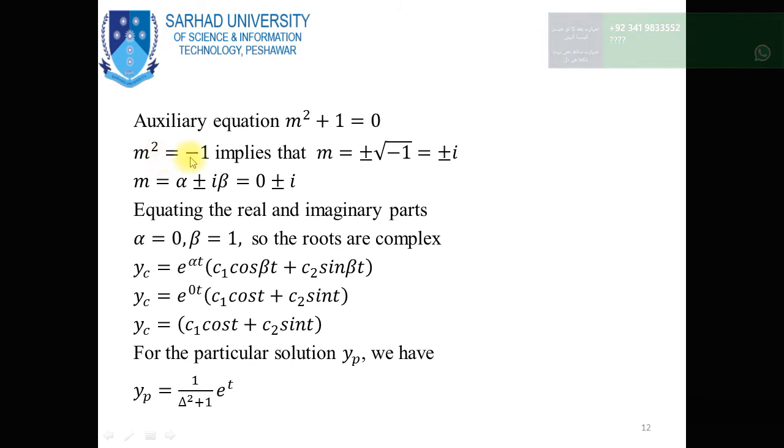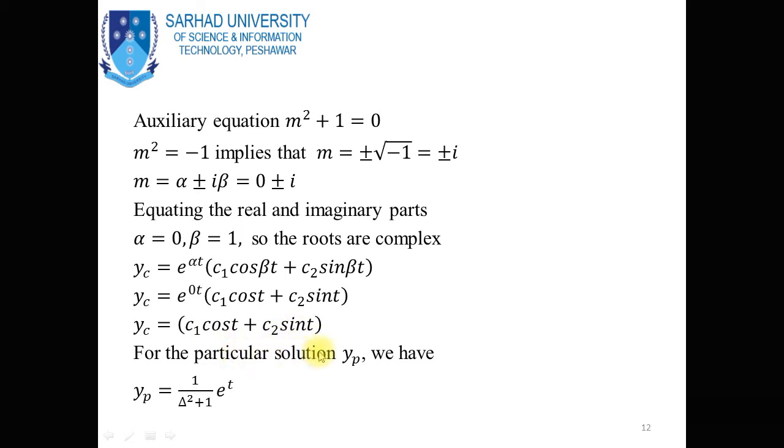So m^2 is equal to minus 1, which implies that m is equal to plus minus square root of minus 1, and this is equal to plus minus i. So the roots are complex and unequal. So alpha is 0 and beta is equal to 1, and the complementary solution is e^(alpha t) (c1 cos beta t plus c2 sin beta t). Putting alpha equal to 0 and beta equal to 1, we obtain the complementary solution c1 cos t plus c2 sin t.